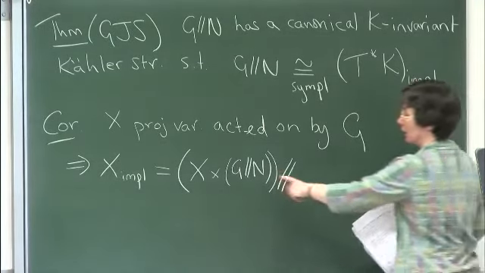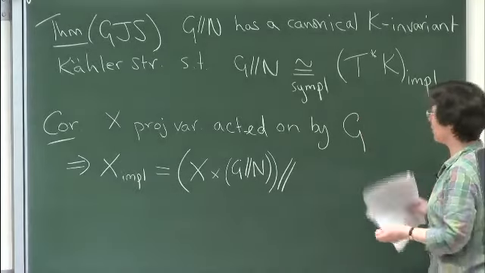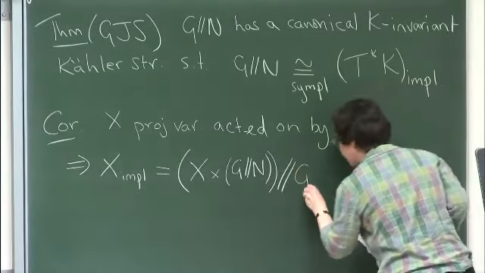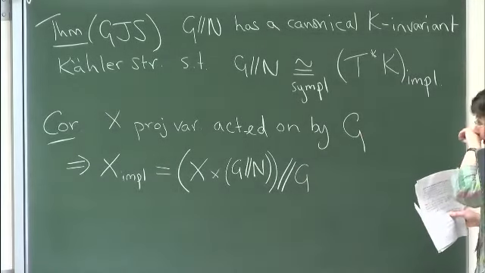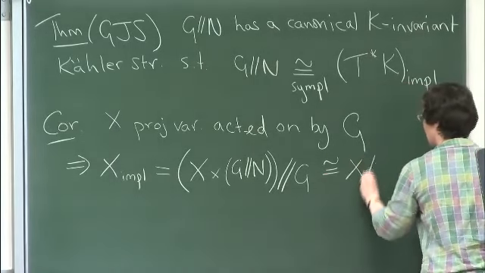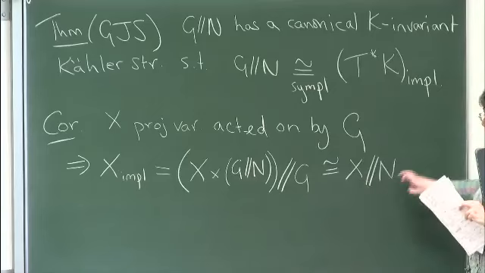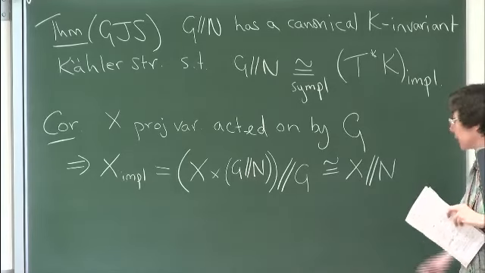And then we take the symplectic reduction by K, but we can also think of that as a GIT quotient by the complexified group G. And so we can identify this with the GIT quotient of our original projective variety by the maximal unipotent.